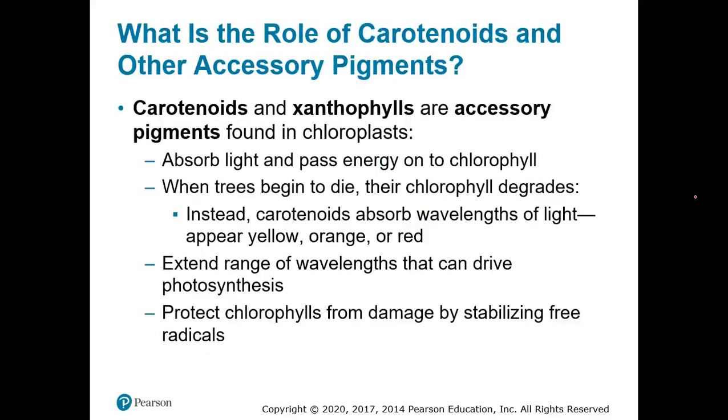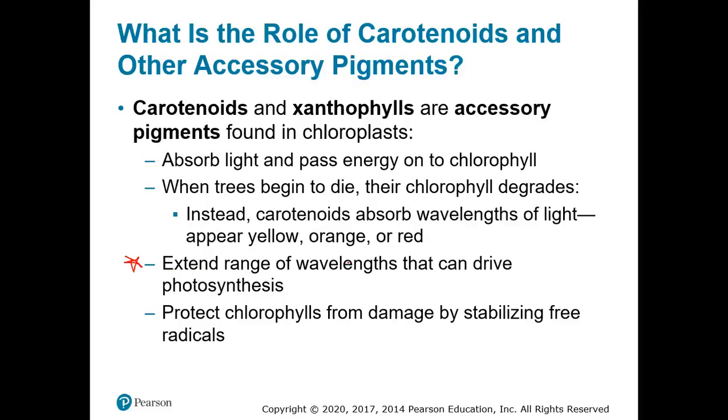Now, if chlorophylls are our main pigment, why do we even have carotenoids? What's the point, right? If they're not so good at driving photosynthesis, why do we still have carotenoids? That's because they're called accessory pigments. What these pigments can do is extend the range of wavelengths that can drive photosynthesis.